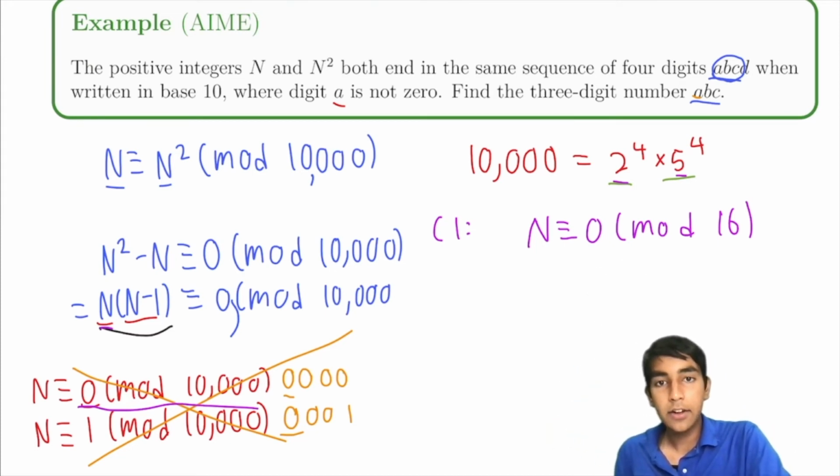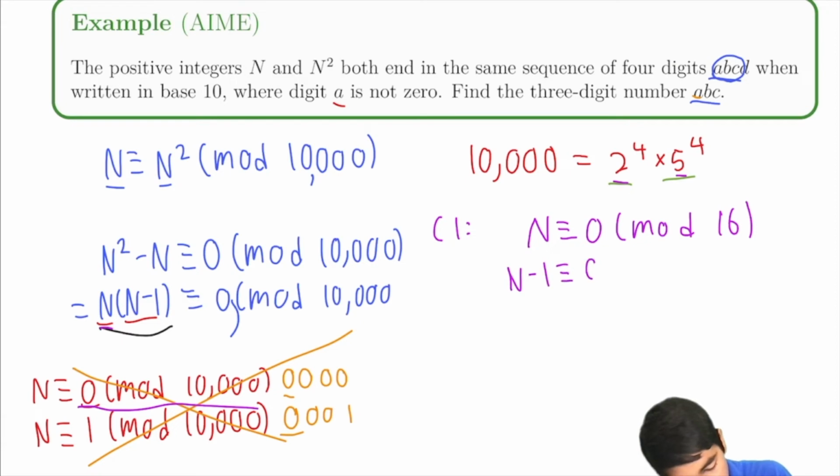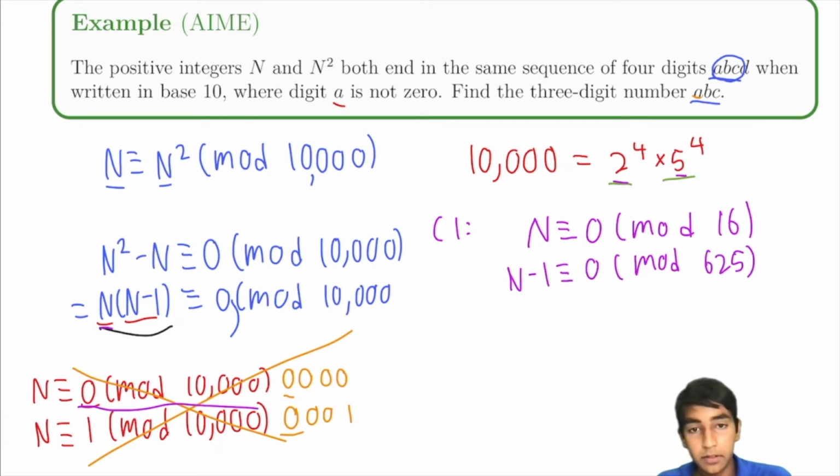So n is 0 mod 16, and then n minus 1 will be 0 mod 5 to the 4, which is 625. Case 2 is the opposite.